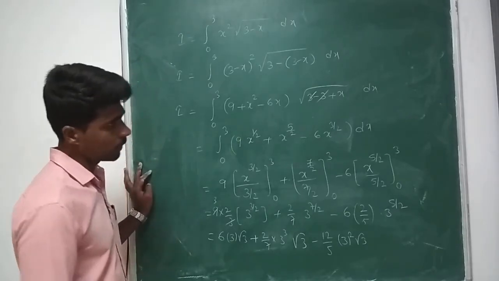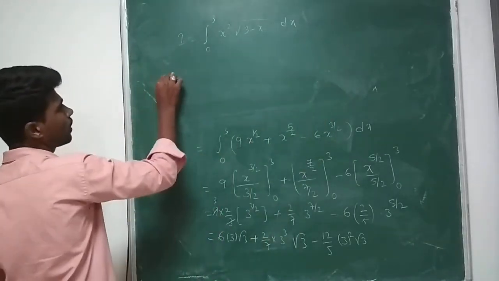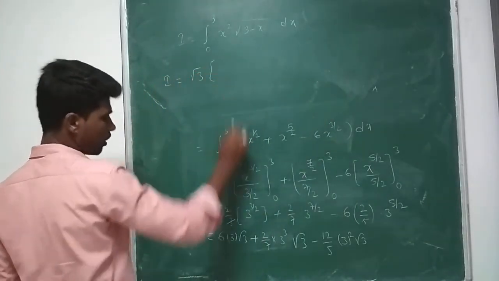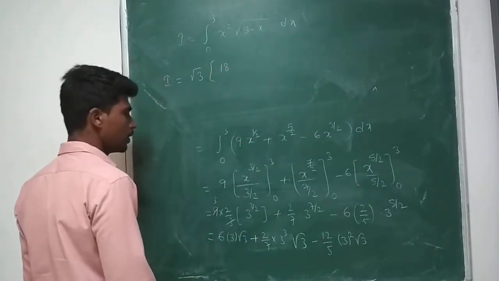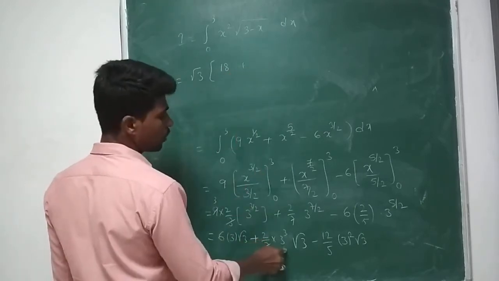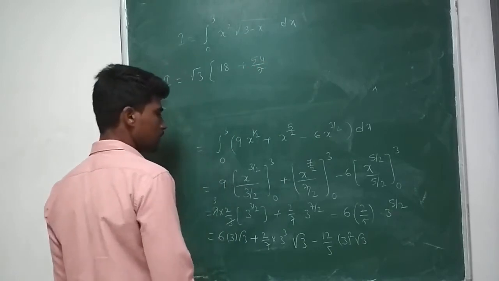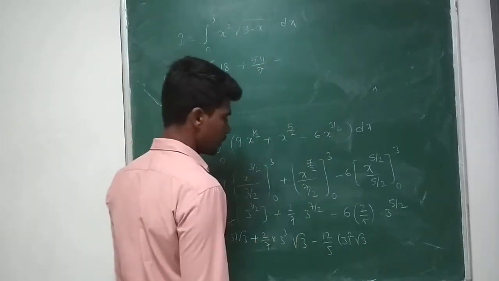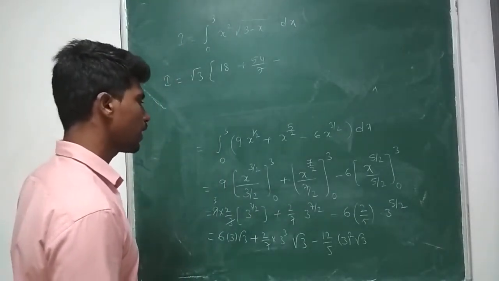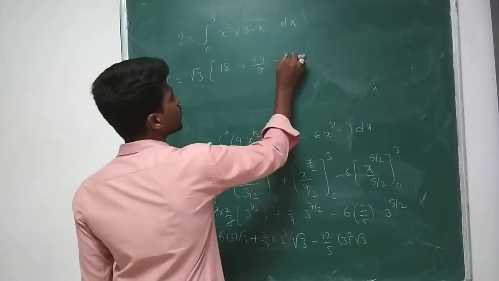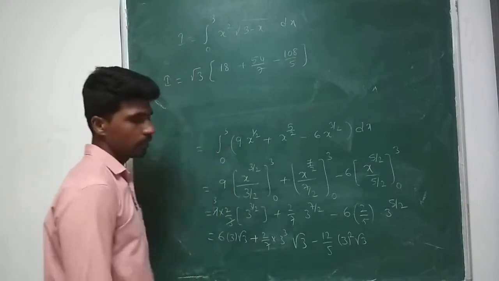Simplify by taking root 3 common. I is equal to root 3 common: 6 threes are 18, plus 2 into 27, 54 by 7, minus 12 into 9, 108 by 5.